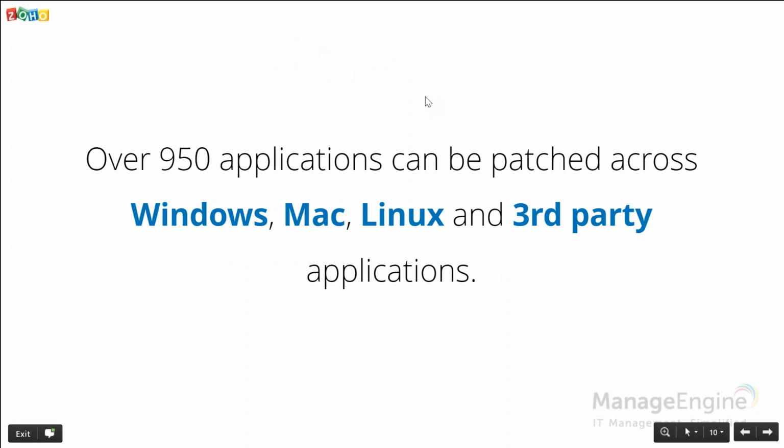We support overall more than 950 applications which can be patched across different heterogeneous networks, which may consist of Windows, Mac and Linux, as well as third-party applications. We support more than 250 third-party apps, along with the regular Microsoft, Mac and Linux OS and application updates. All these can be patched using Desktop Central Patch Management.